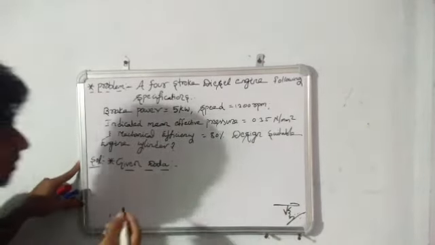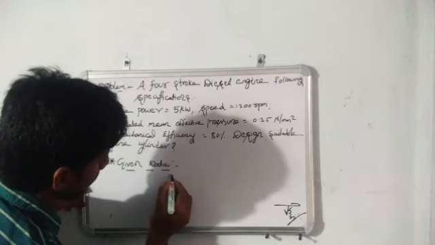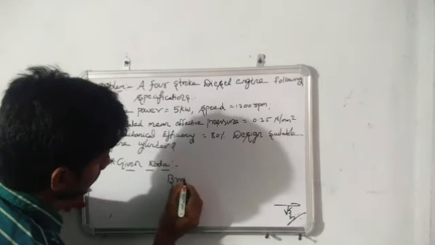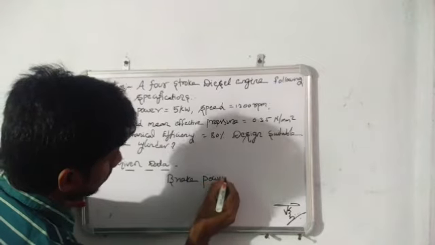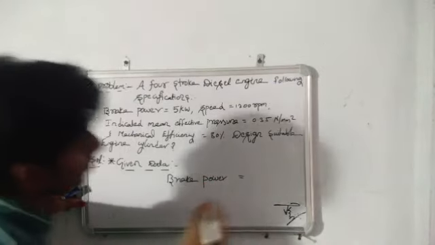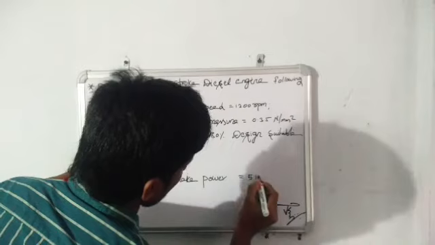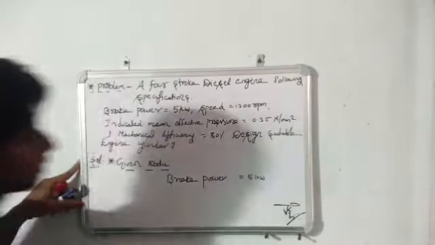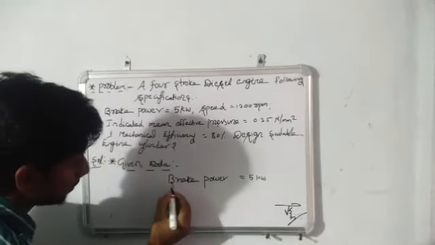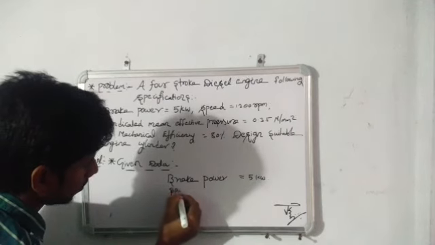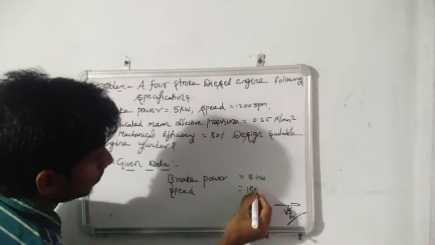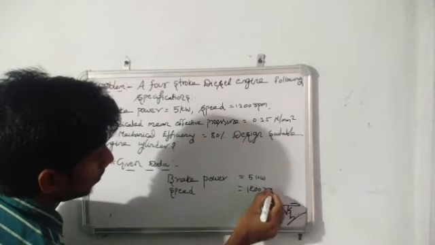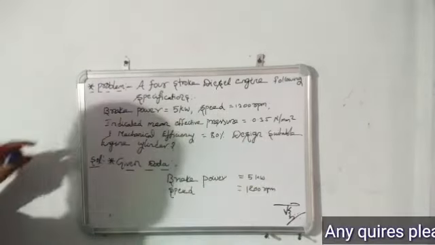The first one is the brake power, which is equal to 5 kilowatts. The next one is the speed, which is equal to 1200 rpm.